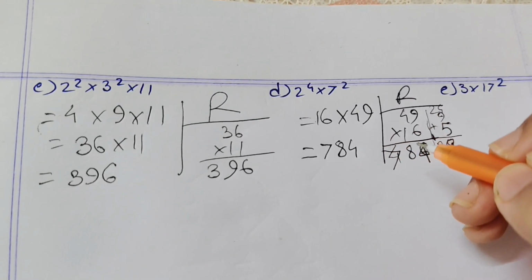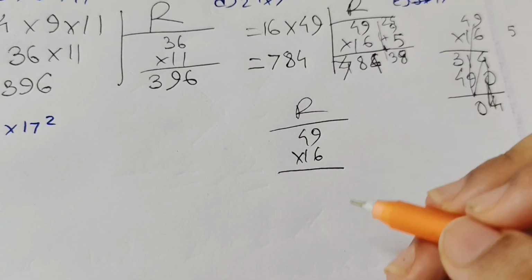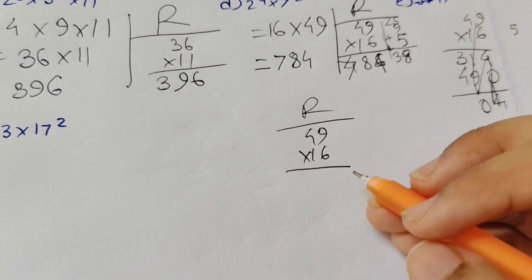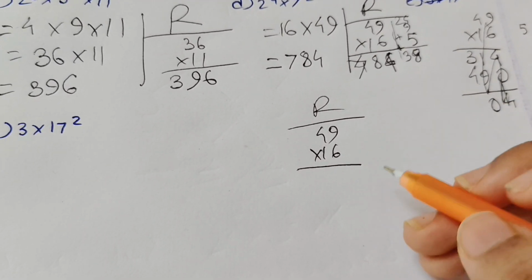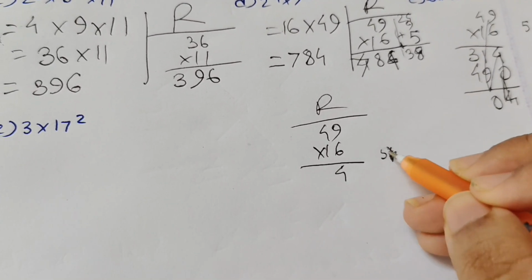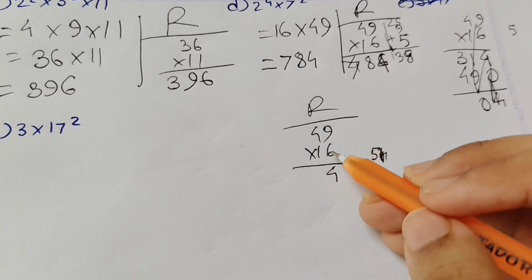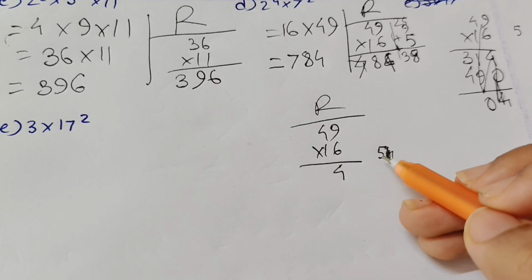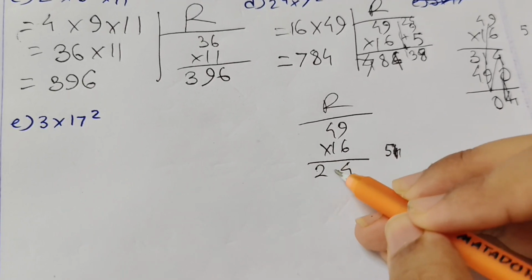784. Showing you once more in the more international method, or the one you guys already know of. 9 multiplied by 6 is 54. We put 4 here and leave 5. 6 multiplied by 4 is 24. 24 plus 5 is equal to 29.